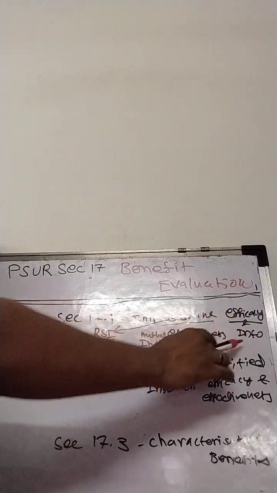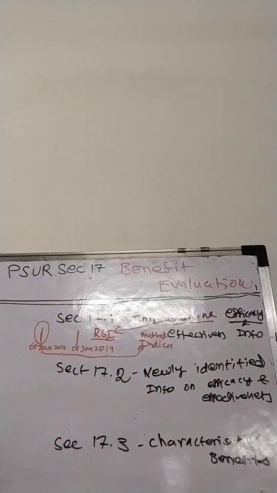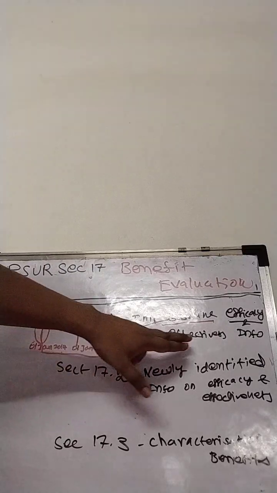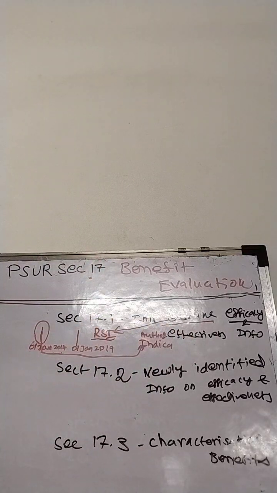It talks about efficacy and effectiveness. Efficacy is the term we always use in the clinical trial setup: how efficacious that particular IMP was in that clinical trial, in the particular phase. Effectiveness is the term we usually see in routine clinical practice: how effective that medicine is for the particular indication.